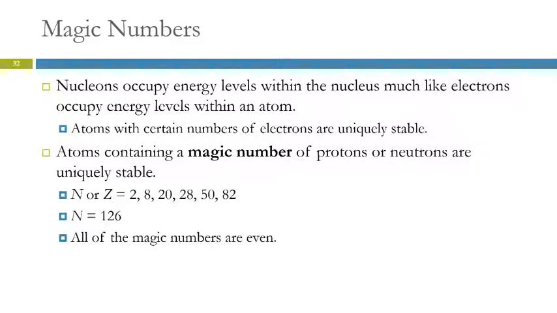So if we have N or Z being one of these numbers, 2, 8, 20, 28, 50, or 82, or if we have N being 126, any nuclide with one of those magic numbers is going to be stable.